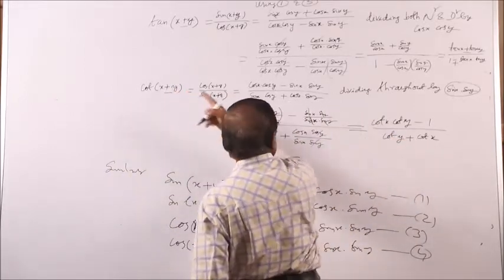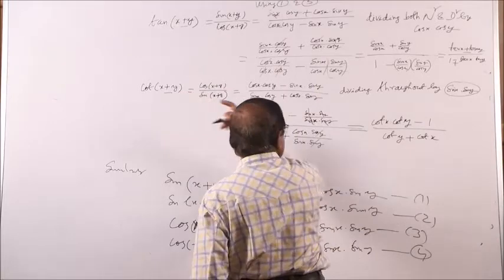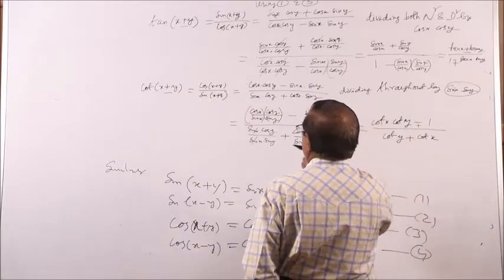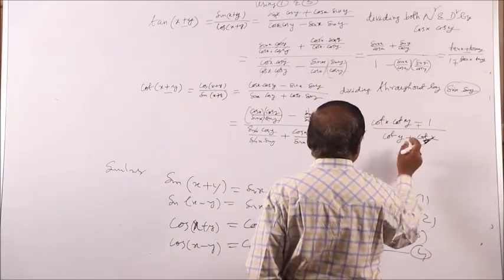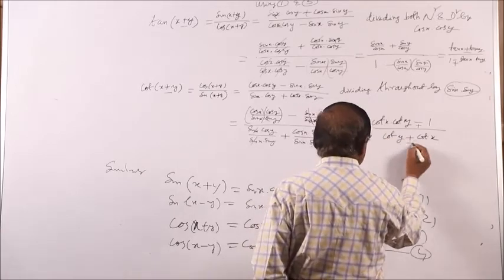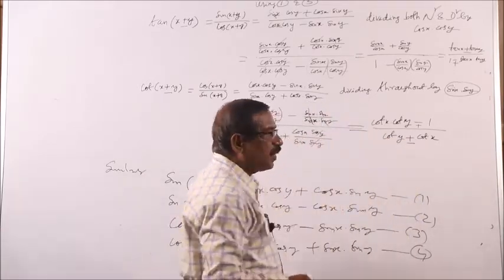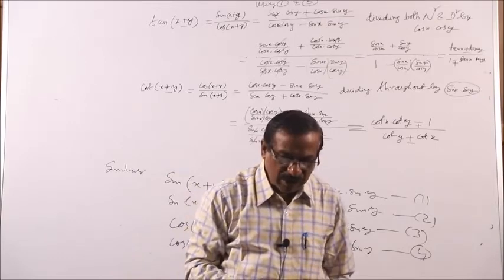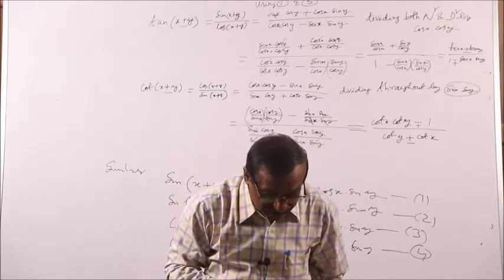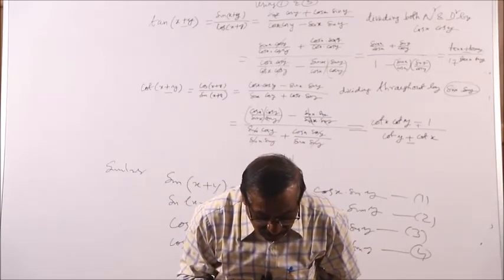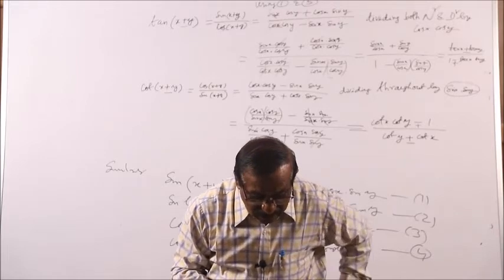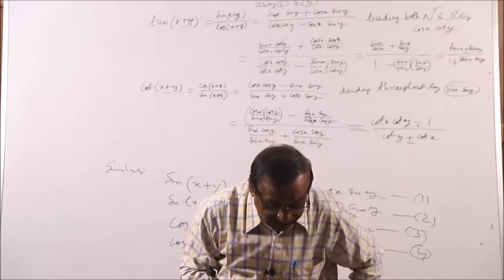For this plus, here it was minus. When you put a minus sign here, it becomes plus, and previously for plus sign it was plus, now for the minus sign it will be minus. So, we have derived this formula for tan(x plus y), tan(x minus y), and cot(x plus y) and cot(x minus y), right.